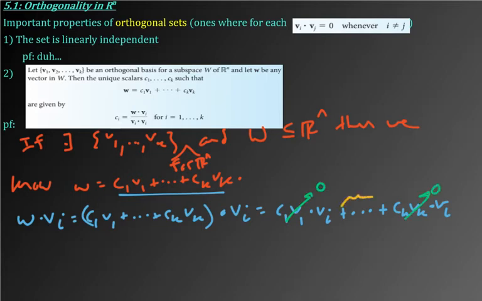But somewhere in that string, I got to a point where V sub I was in there, and I dotted it with V sub I. All that matters is that somewhere in there, there's going to be one that doesn't go to 0.